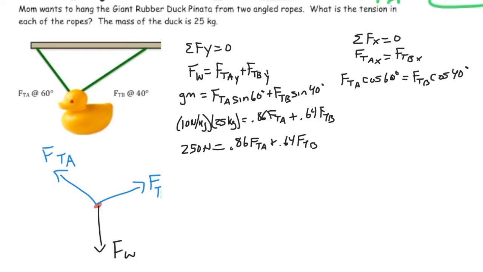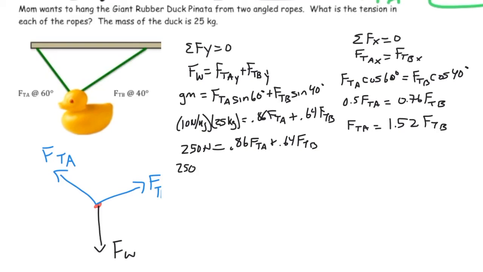Cosine of 60 degrees is half, so half of FTA equals, the cosine of 40 degrees is 76%, so I've got 76% of FTB on the other side. I can get FTA by itself by dividing the 0.5 over to the other side, and this tells me that FTA equals 1.52 times FTB.